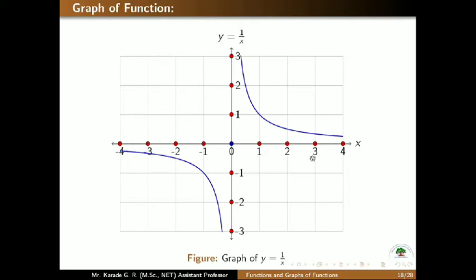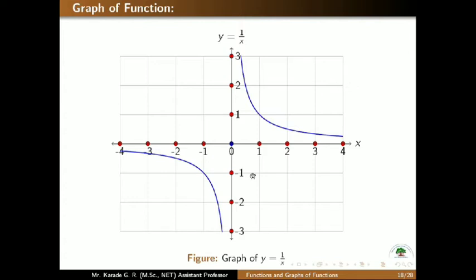So in terms of limit we can say that the limiting position of 1 upon x is 0 as x tends to infinity. And here also, see, as x approaches 0, the values of the function become larger and larger.